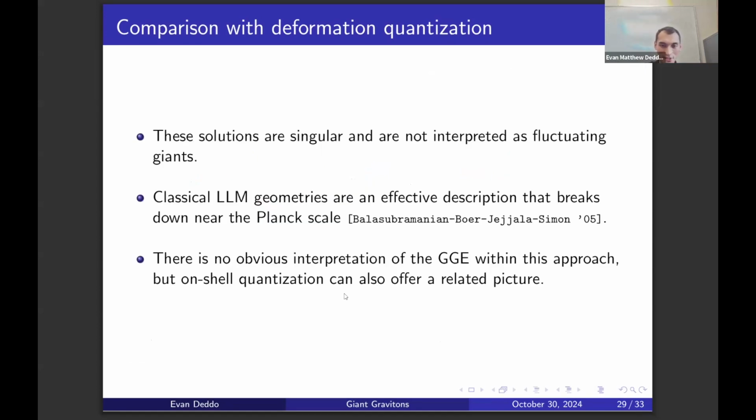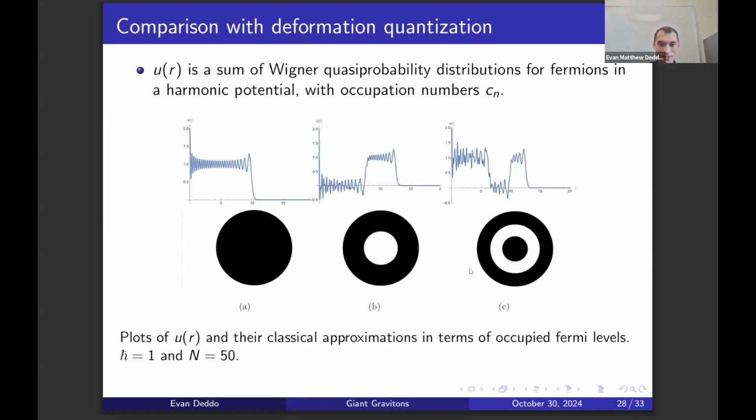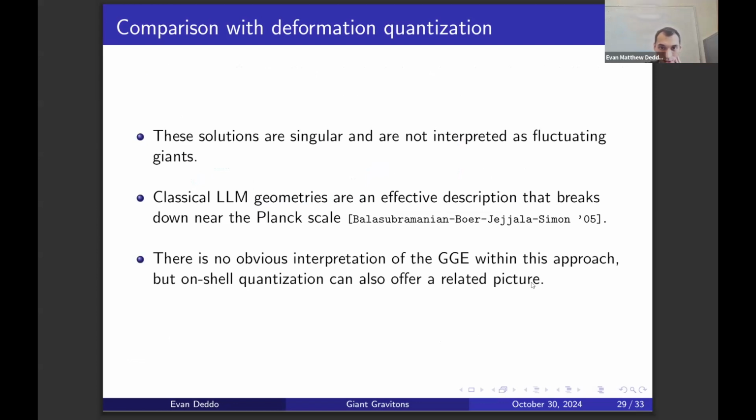And here it's interesting that there's no obvious interpretation of the giant graviton expansion within this picture, because we get ring-like configurations that just correspond to the orbits of these fermions moving around. So it seems that the giant graviton expansion comes out of quantizing this classical moduli space, as we did, rather than doing this deformation quantization. So that was just an aside that we also looked at in our paper.